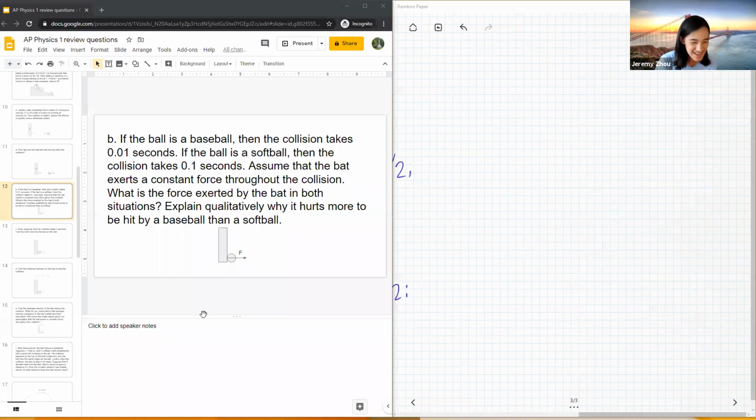As everyone's already been saying, this is an impulse question. Why is this an impulse question? Someone explain. Yes, impulse equals force times time. What is impulse also? How does this help us?